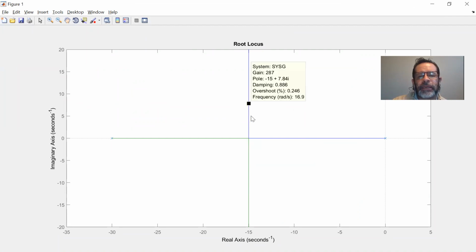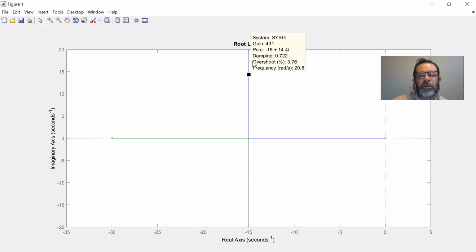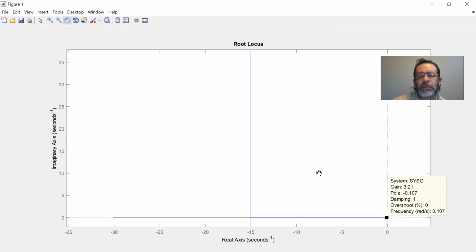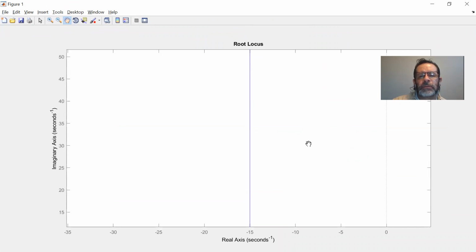So for example, if I click there, the overshoot is 0.246. It's still a very low overshoot. If I keep on going over here, up to this point, we've got an overshoot of 7.5. What I can do also is use a little hand icon and drag this, and I can keep looking.